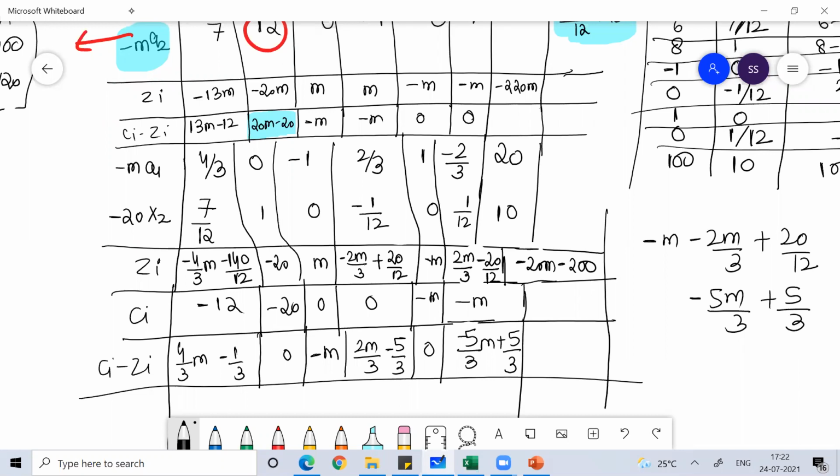So you can see guys, out of all Ci minus Zi, which is the bigger value? This is the bigger value. Out of these two, you can see this is bigger than this.